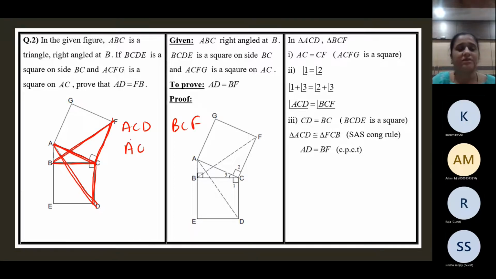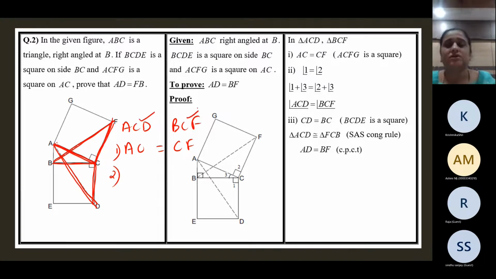AC of triangle ACD is equal to CF of triangle BCF. Why are they equal? Because they're two sides of the same square. So they're equal. I'll wait for you to understand, and then I'll go to the next one.